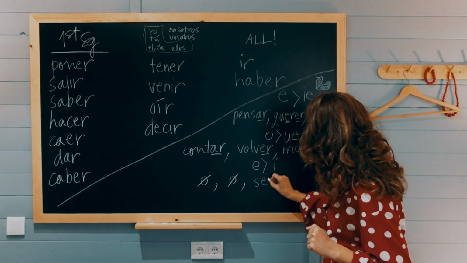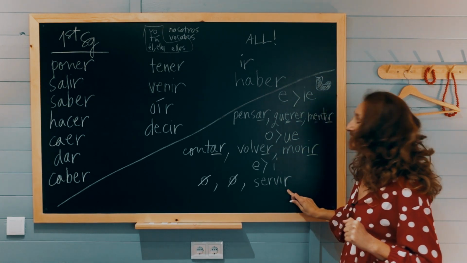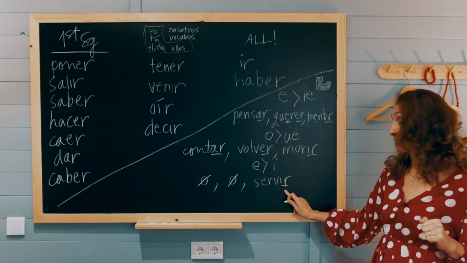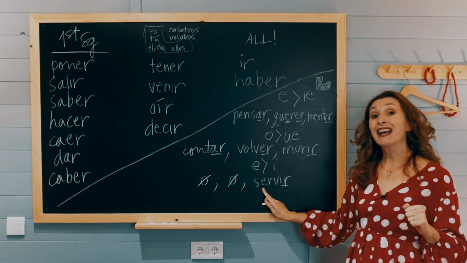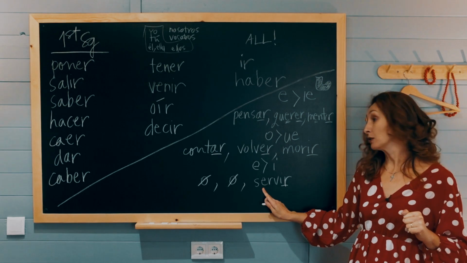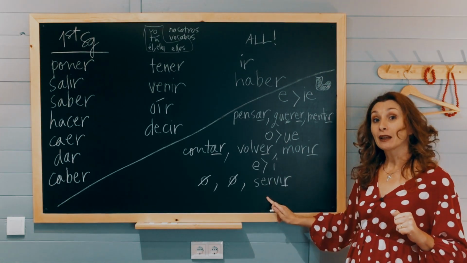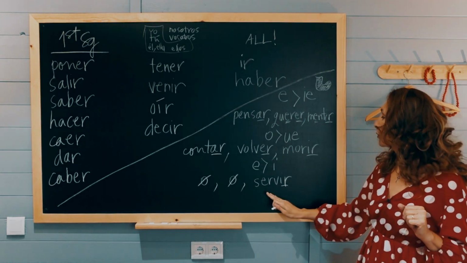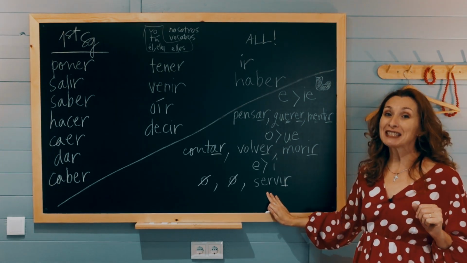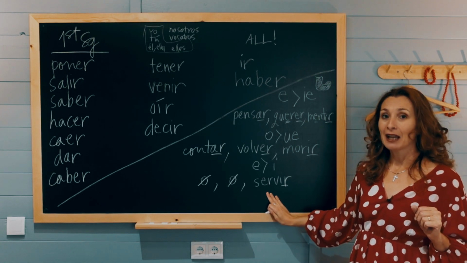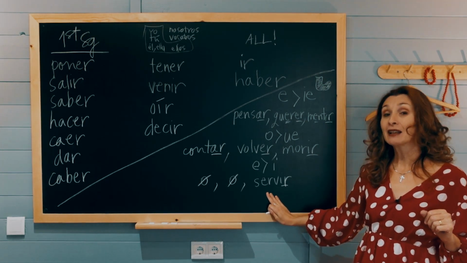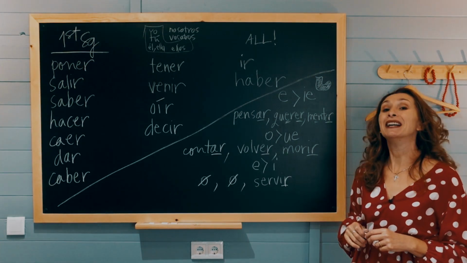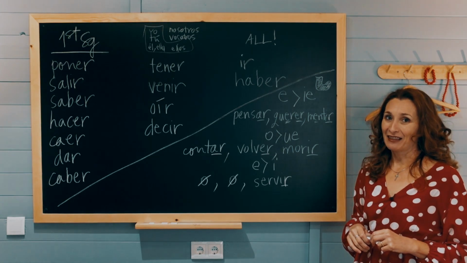An example is servir, to serve. Again, it's the third conjugation, and it's this e from the root that will change to i, only inside the boot. So we will say sirvo, sirves, sirve, servimos, servís, sirven. So e became i inside the boot.